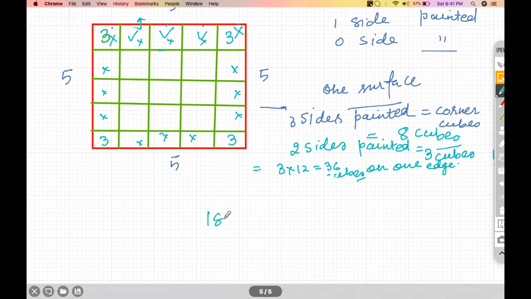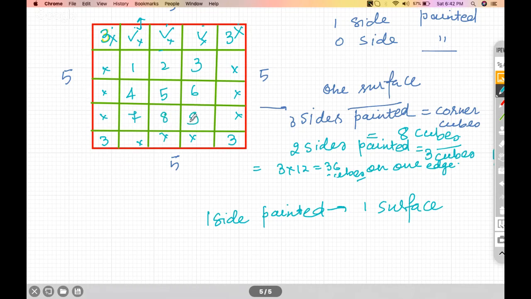On one surface there are 1, 2, 3, 4, 5, 6, 7, 8, 9 cubes.